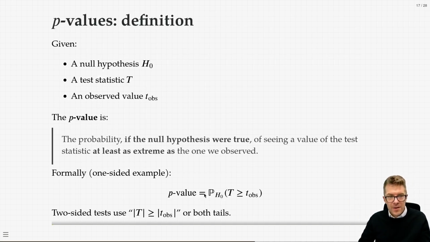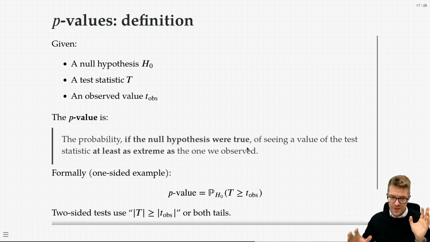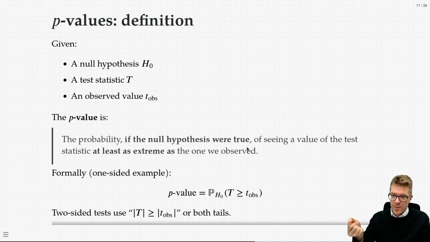So we have a null hypothesis, we have a test statistic, and then we have our observed value, t sub observed. So the p-value is the probability that if the null hypothesis were true, so again, if this thing that we assume is the case is true, what is the probability of seeing this value that is this extreme or even more extreme. So it actually talks about a little range technically.